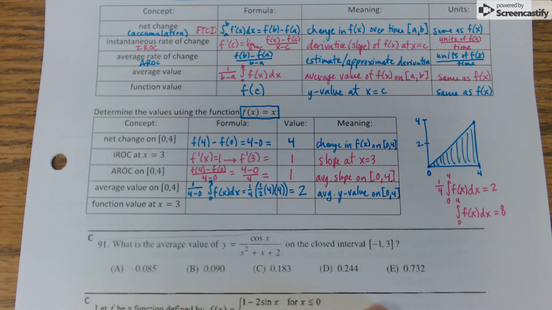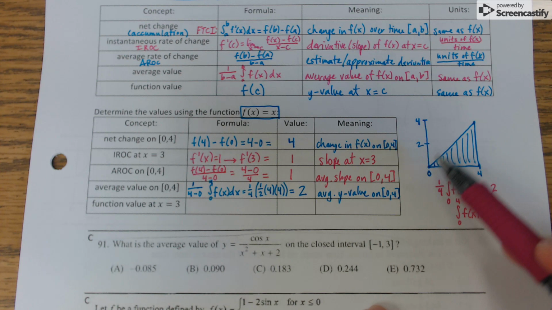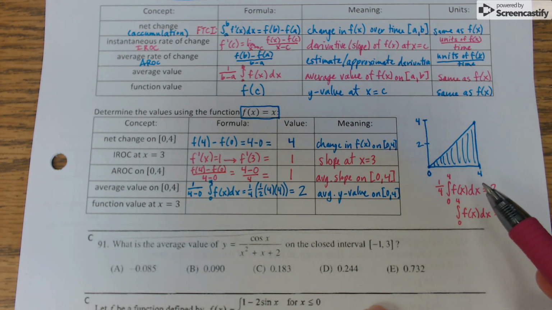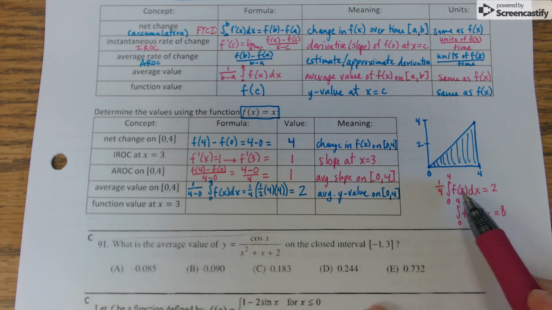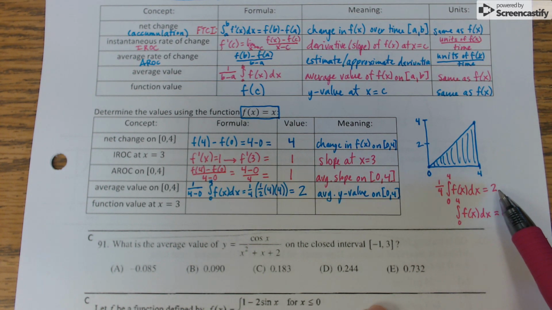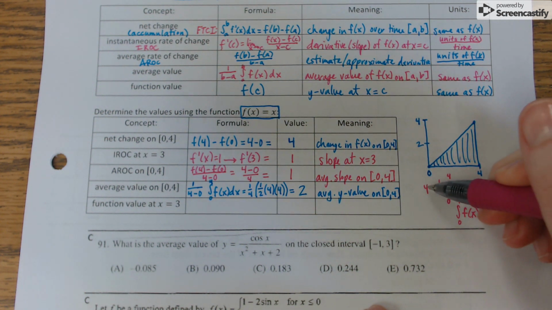I just want to make a quick side note about the average value formula that I think is a neat geometric connection that you might be able to see. If you look at our average value that we just did, we got 1/4 times that integral, we got 2 as our average value. I want you to think about multiplying both sides of that equation by 4, which would cancel that out.